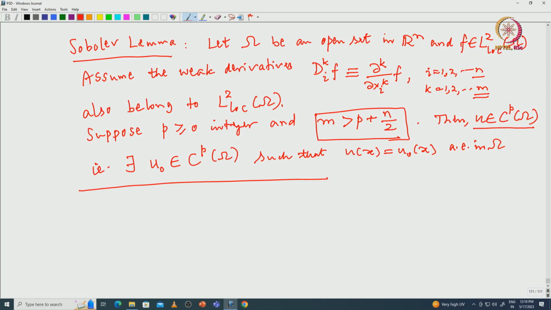This all started with Sobolev, who was mainly working on integral representation of functions and such embedding theorems, and then lots of people started working on that.